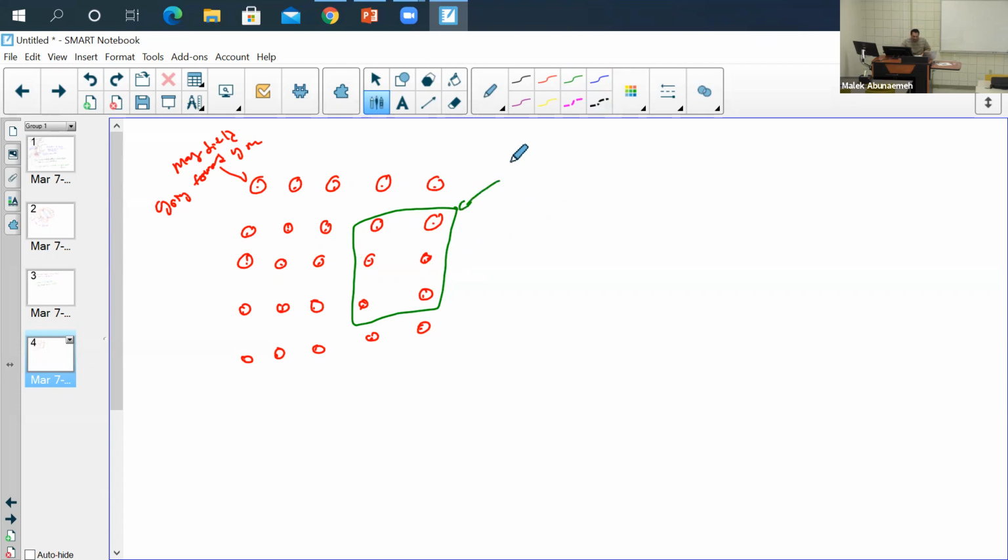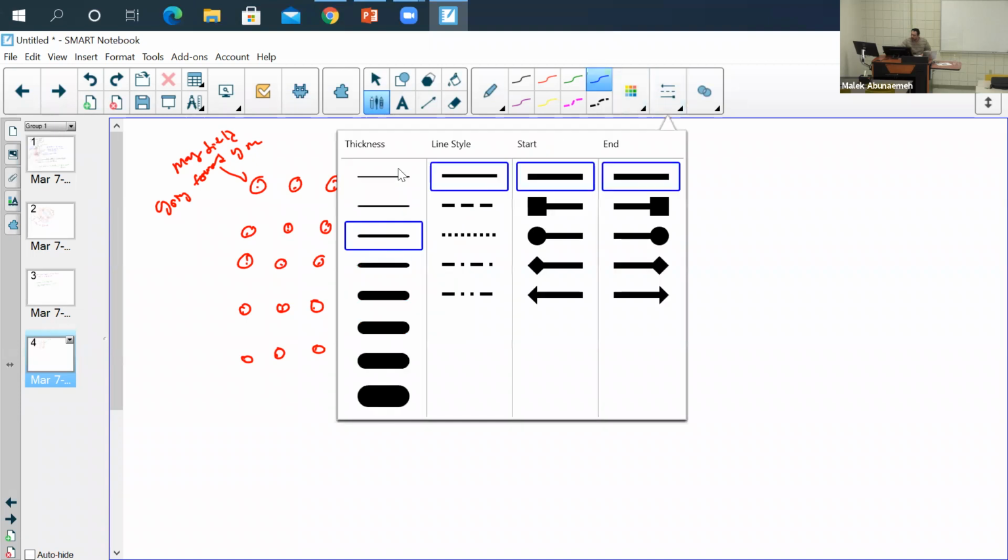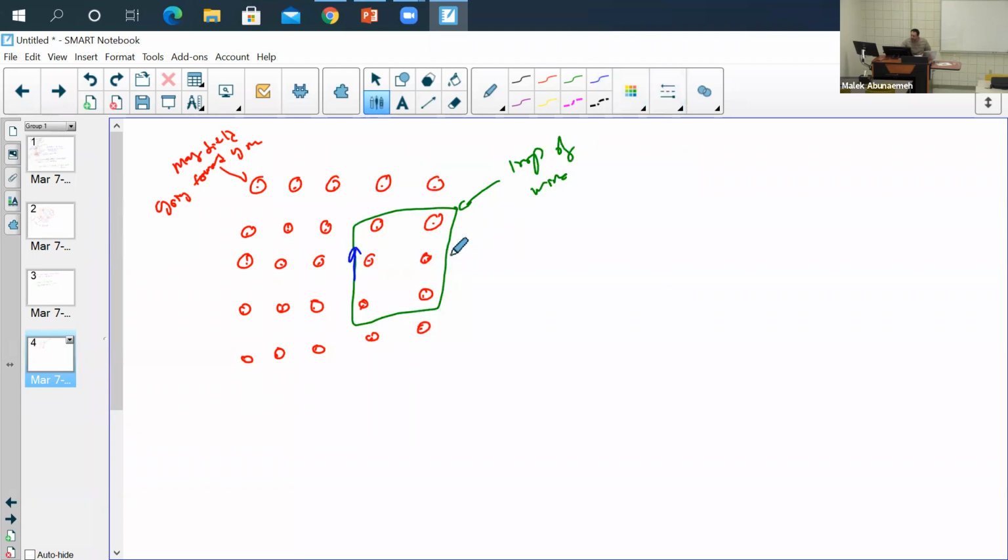So this is your loop of wire, and let's say the current is in blue, so you got your current going in. Now, if you take this loop of wire and move it towards the center of the magnetic field, you will have more magnetic flux. Let's say you put it right over here, so you will have more magnetic flux.